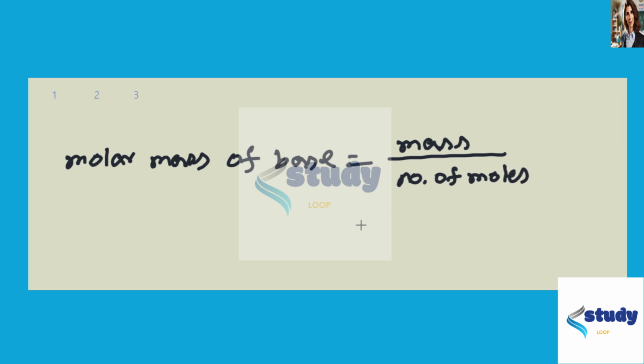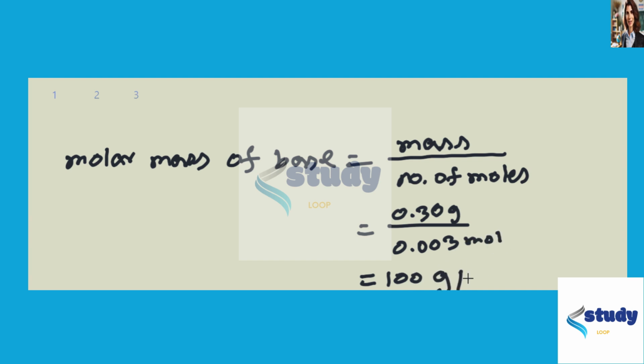The mass is 0.3 gram, and the number of moles is 0.003. From this we have the molar mass as 100 gram per mole. So this is the molar mass of the base, 100 gram.